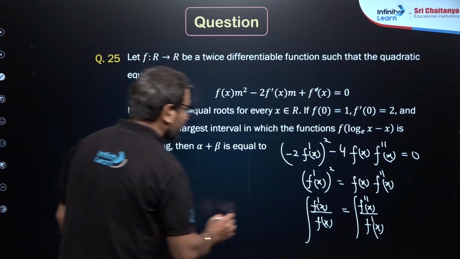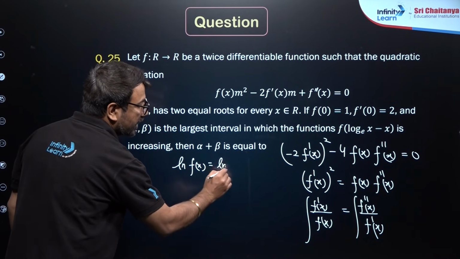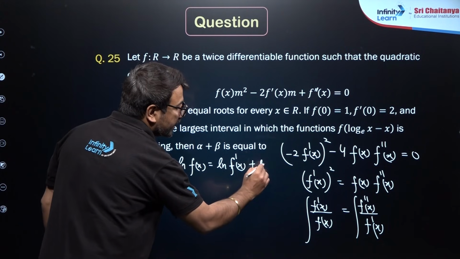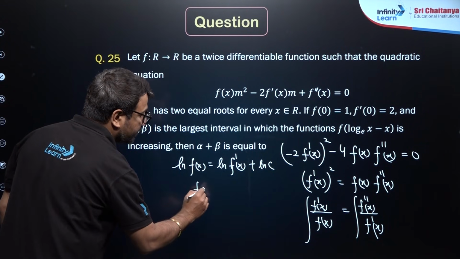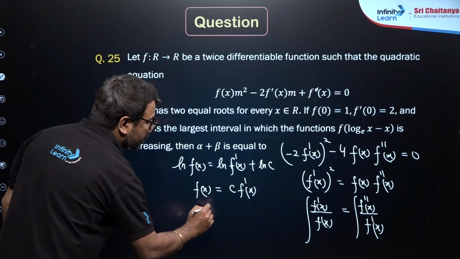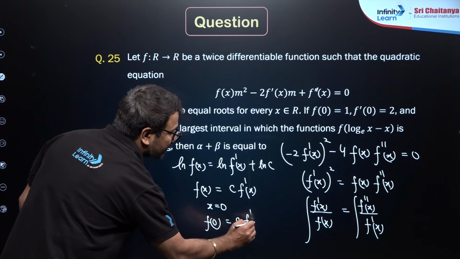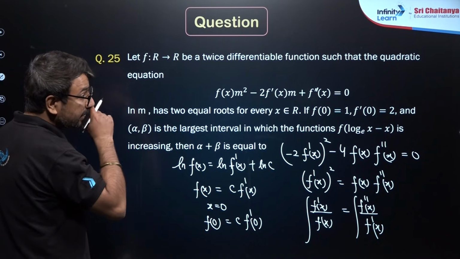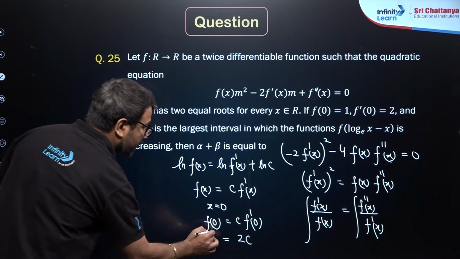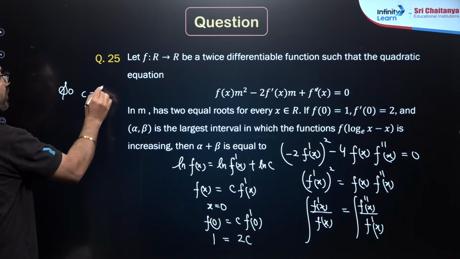You will integrate both the sides. Here you will have ln f(x), here you will have ln f dash x, and then you will write ln c. So here f(x) is equal to c times f dash x. You substitute x value 0, f of 0 is equal to c times f dash 0. f dash 0 is 2, f of 0 is 1, so c value is 1 by 2.